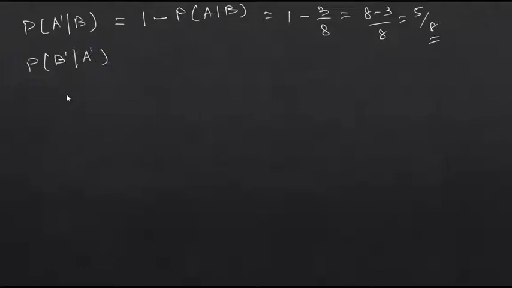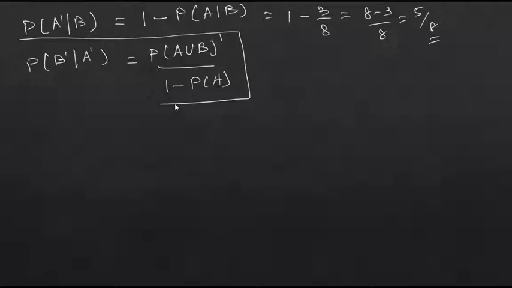For this, the formula is probability of (A union B) whole dash divided by 1 minus probability of A. This is the straight formula you can use here.